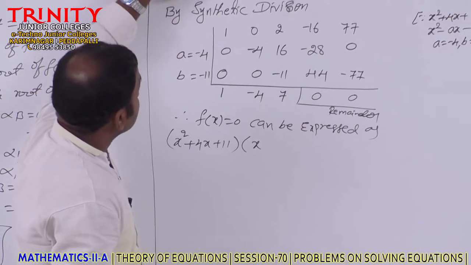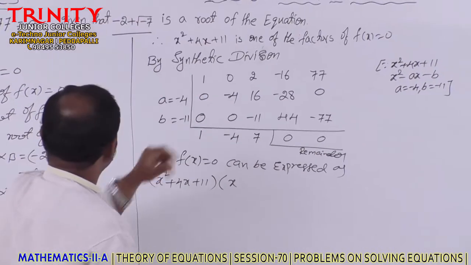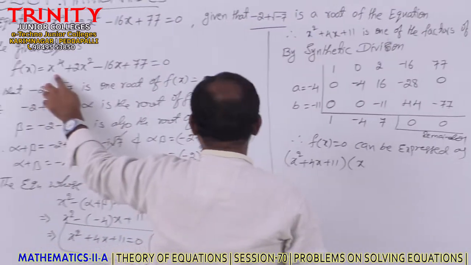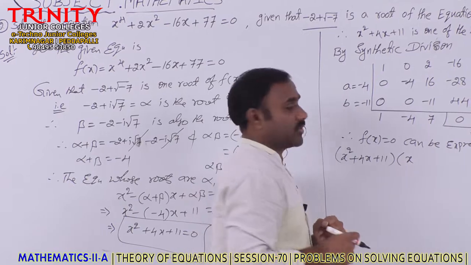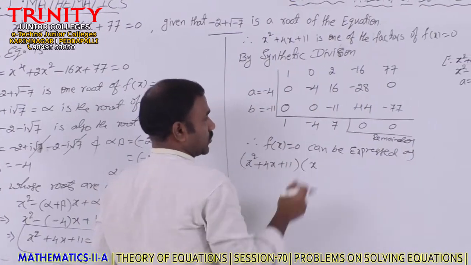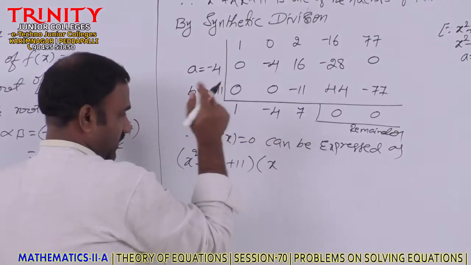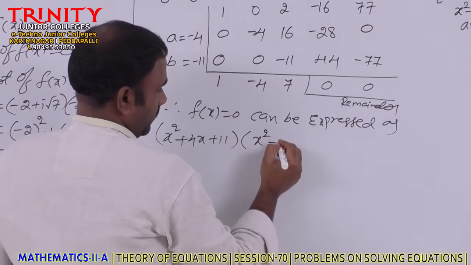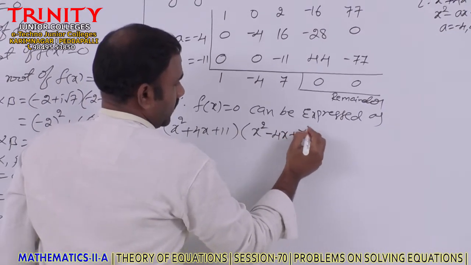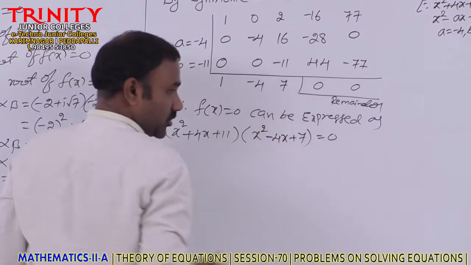Already we have divided by x square. The polynomial x power 4 is divided by x square, then the power becomes x square. Two times we divided, x power 4 becomes x square. That's why the quotient is x square minus 4x plus 7 equal to 0.